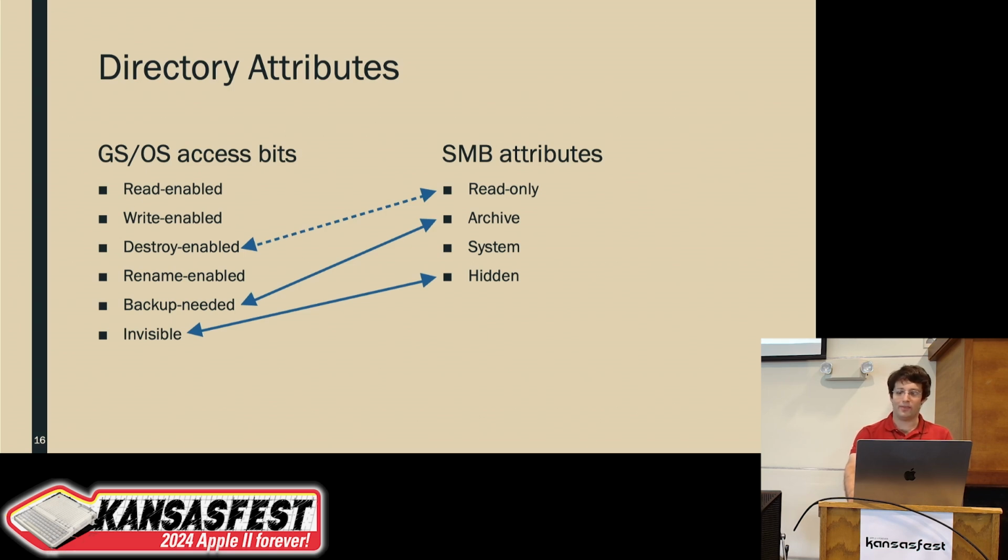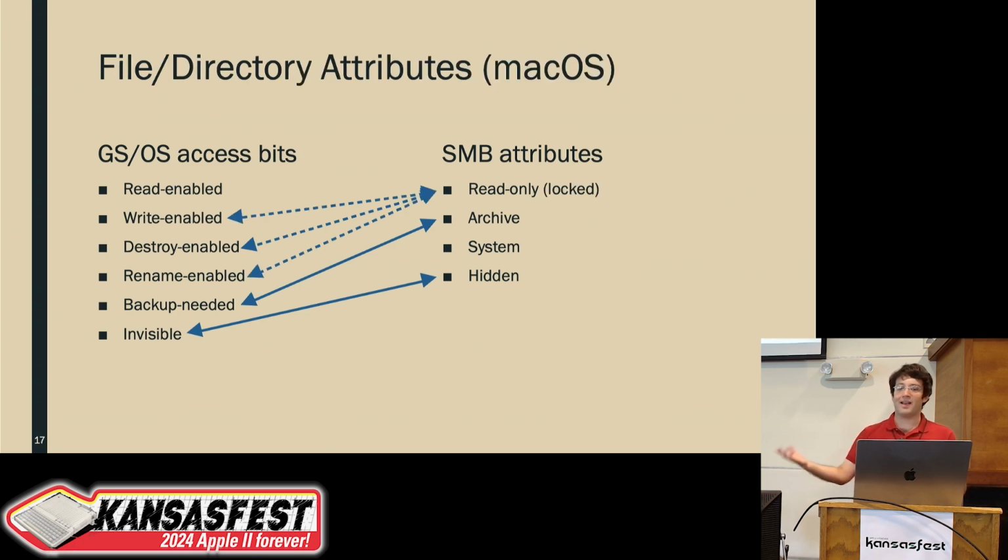And then one other gotcha with the file attributes is that macOS actually treats read-only differently than Windows does, which is what the SMB specs call for. macOS maps it to its locked flag, which is something that macOS has for files. If you check the file info there, you'll see it.